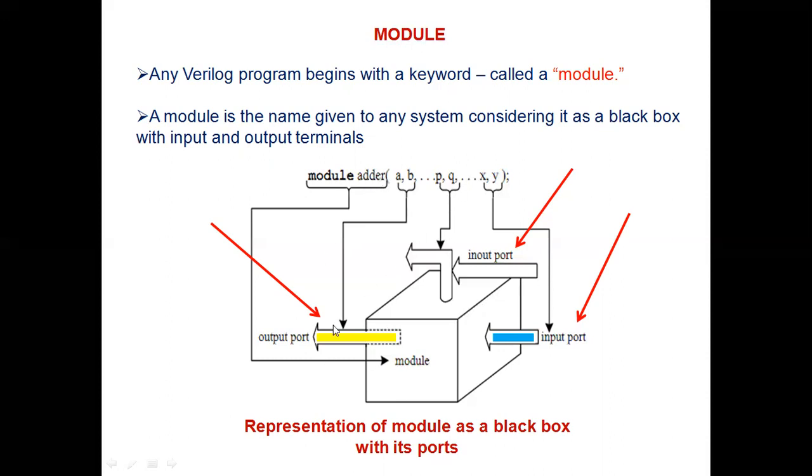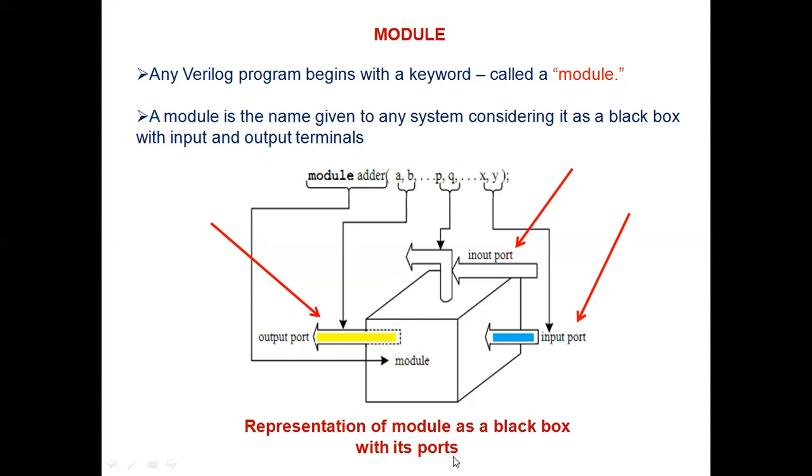Within brackets you have to define the input ports, output ports and in-out ports. In this example, A and B are considered as outputs, P and Q are considered as in-outs, and X and Y are considered as inputs.